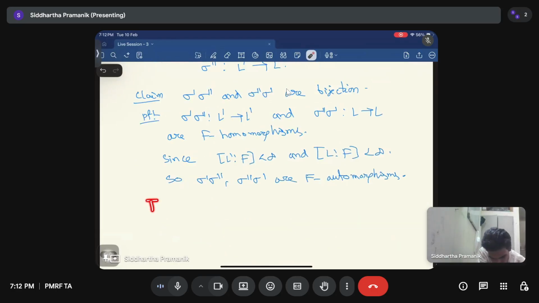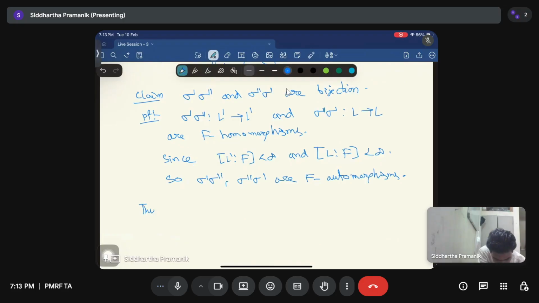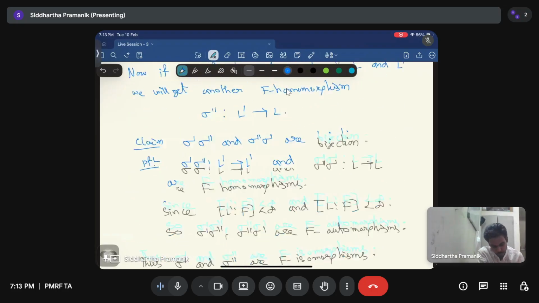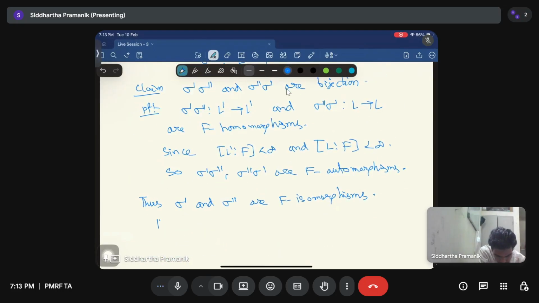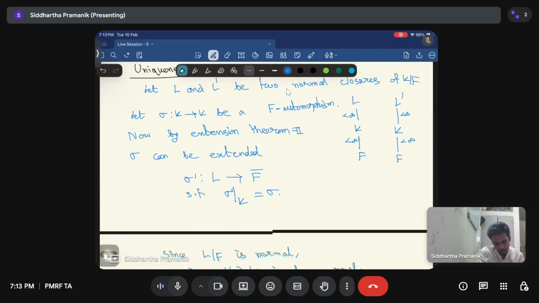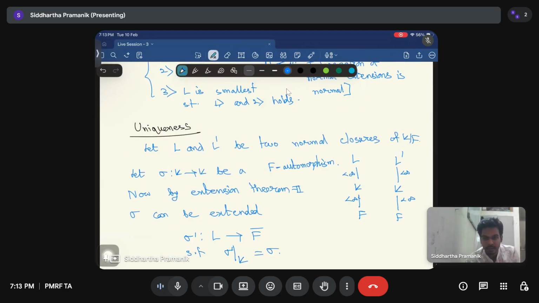So thus sigma prime and sigma double prime are F isomorphisms. So this proves, hence, L is isomorphic to L prime. So up to isomorphism, normal closures are unique.